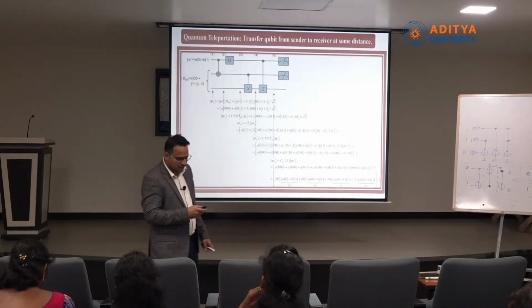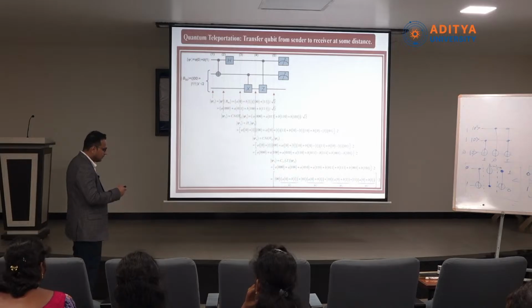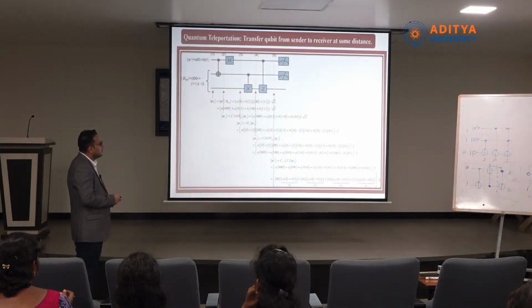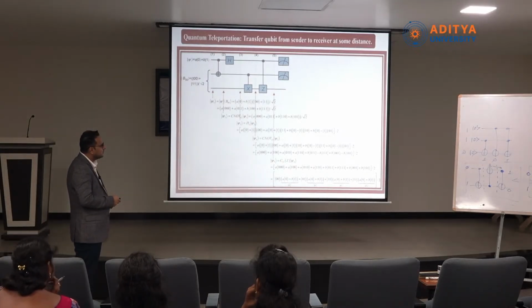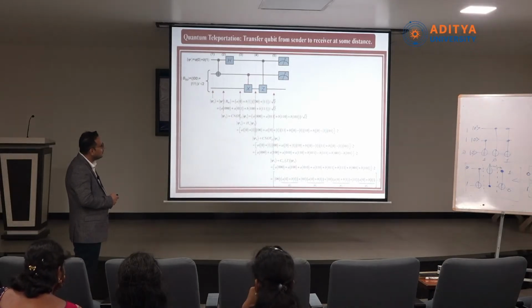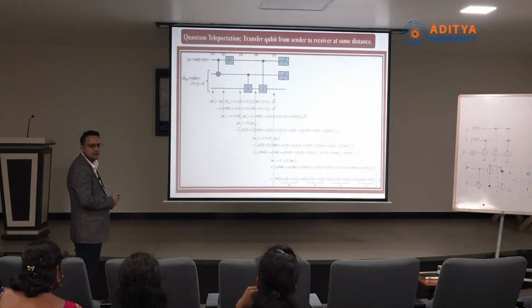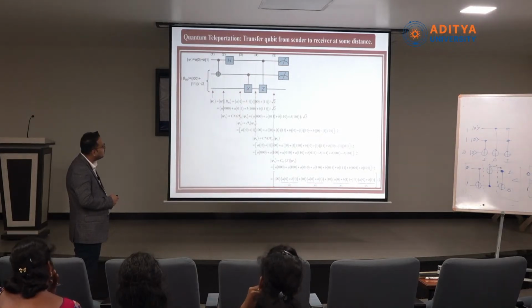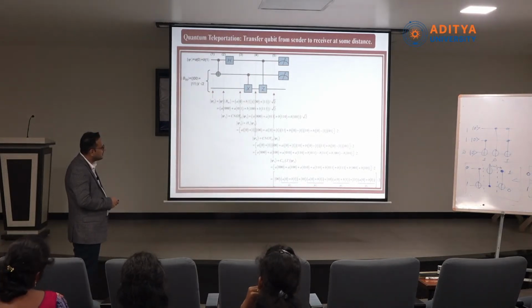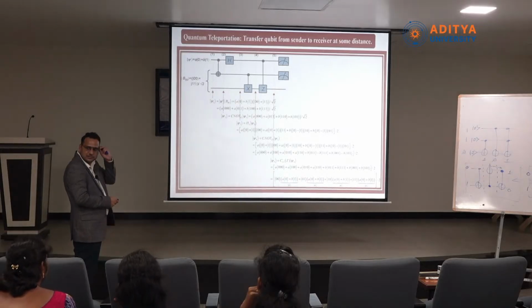Understood? So now listen. The fact is, after this state, we want to apply the CNOT gate. In this CNOT gate, the second is control and the third qubit is target. So this CNOT is written as 2, 3. Second is control, 3 is target, applied on psi 3. Clear?